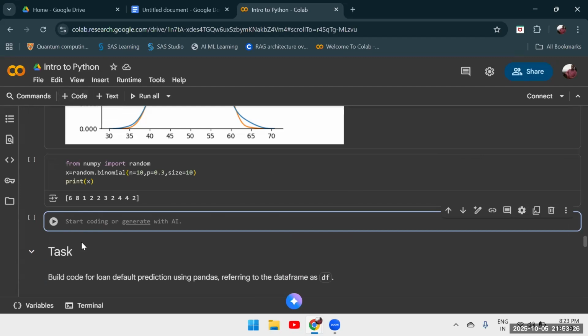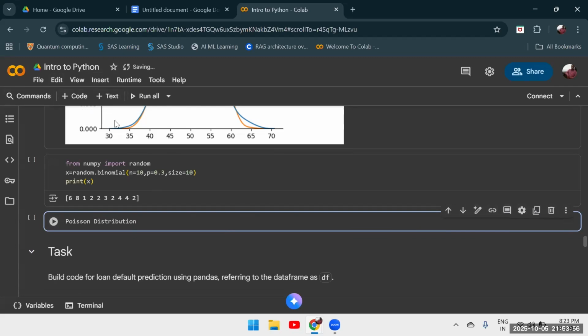So today's topic we'll be seeing is the Poisson distribution. Okay, so what is Poisson distribution, Raghav? Are you there, Raghav? Can you hear me? Yes, sir. What is Poisson distribution?